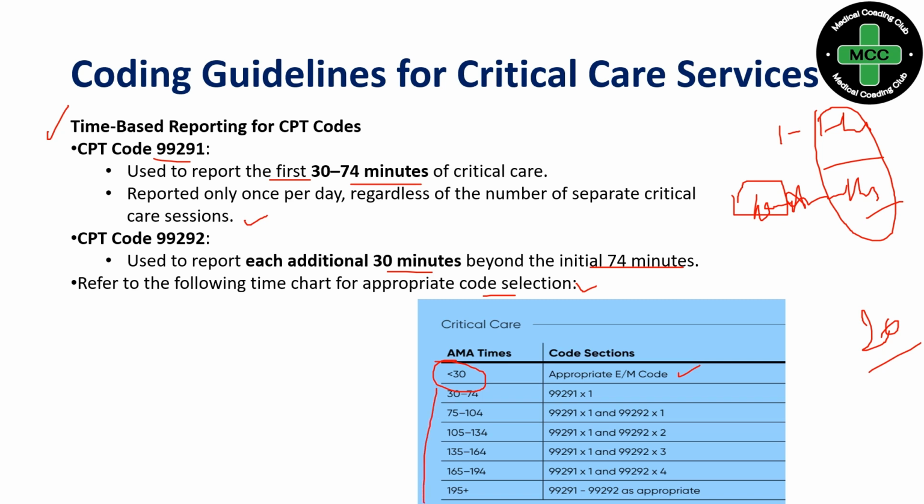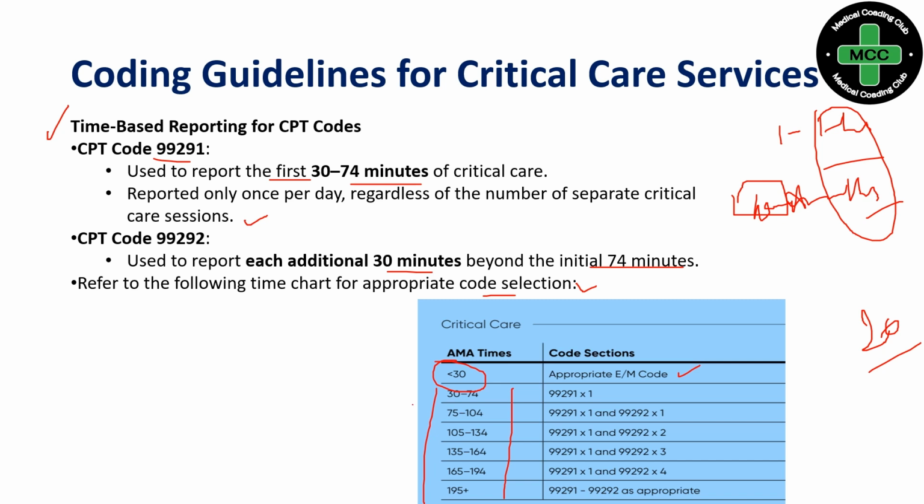Followed by that, we have the timing criteria, you can see here. And as I said, to avoid confusion, if you are getting a scenario in the CPC exam, or if you are practicing for CPC, whenever you are dealing with critical care scenarios, refer to the table that we have in the CPT book.